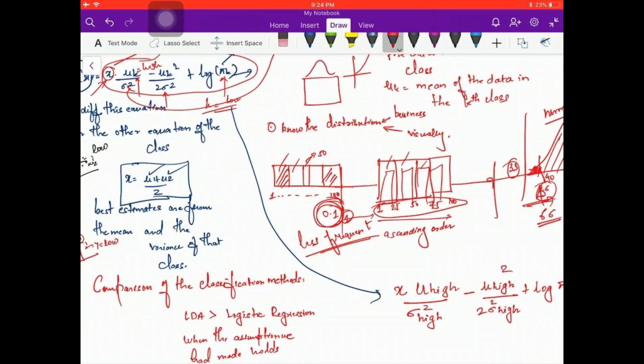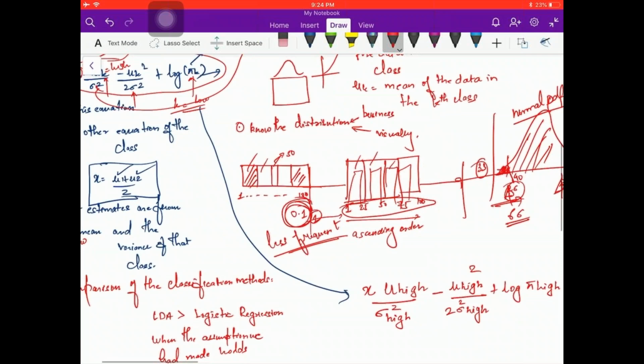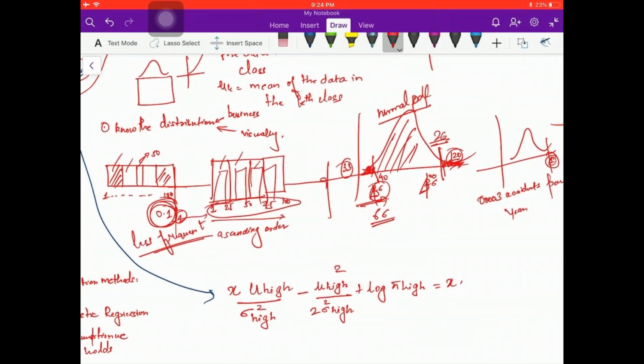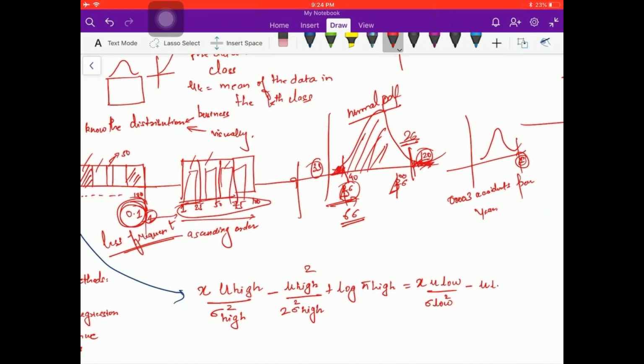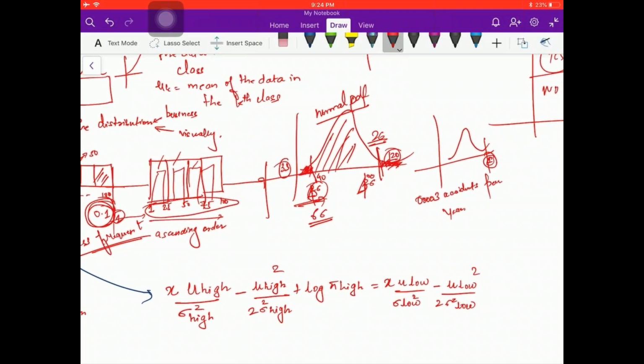Same thing, I'll just replace k with high. This is the probability of y equal to low given x.